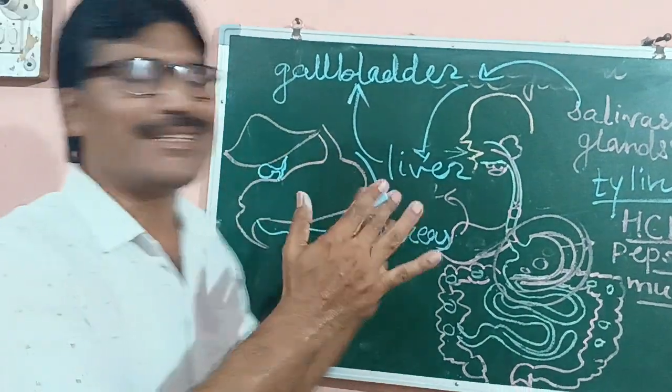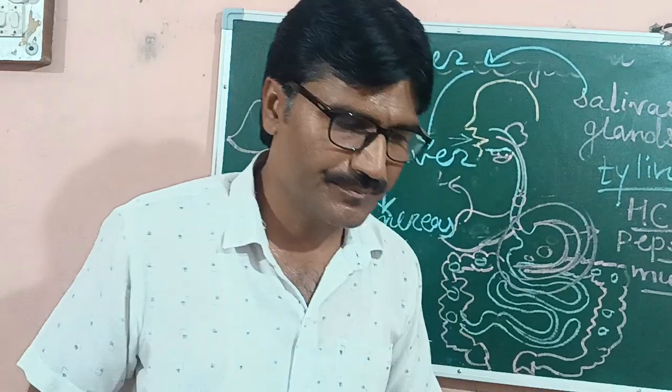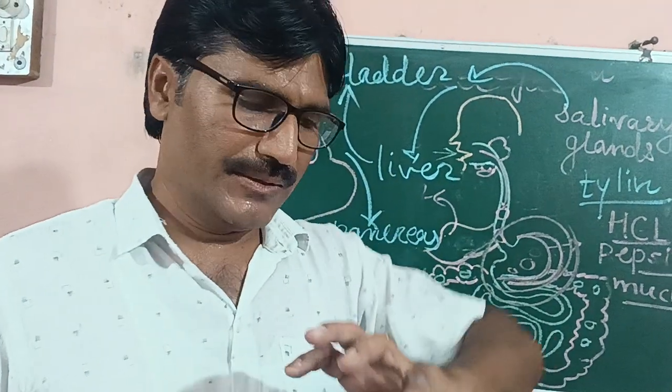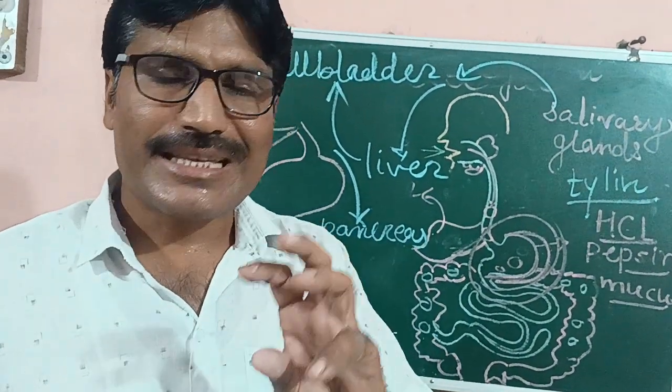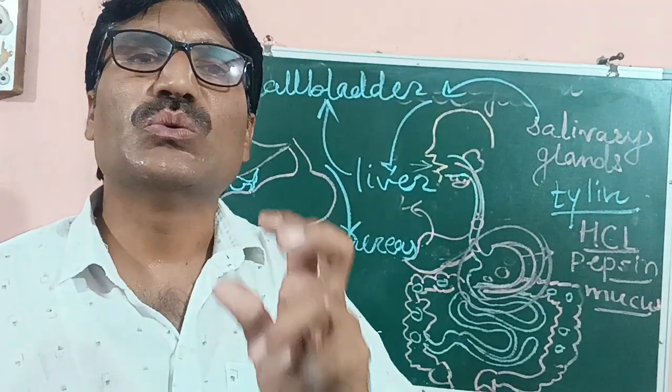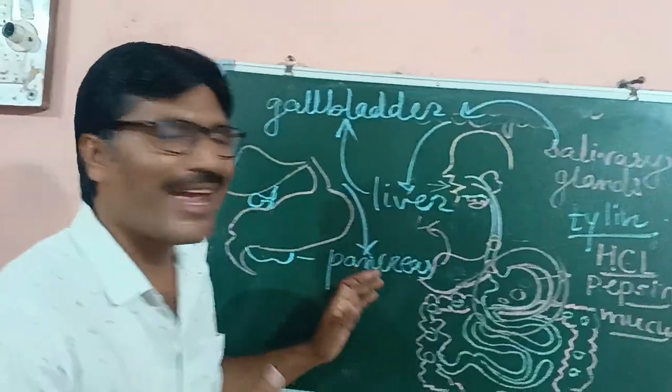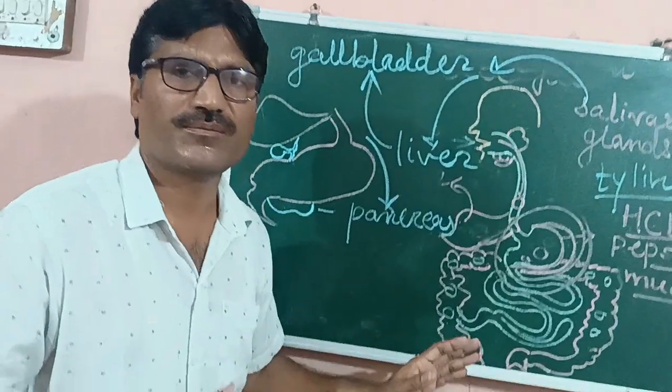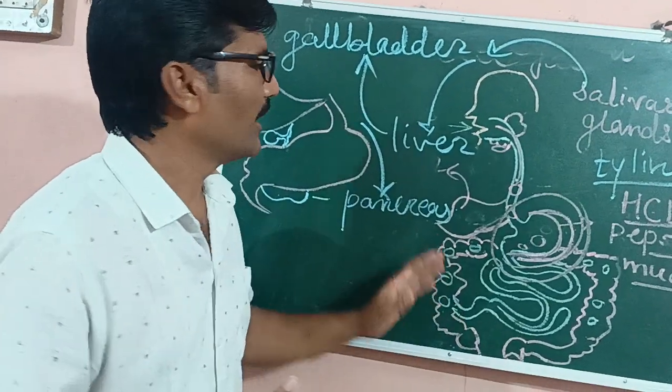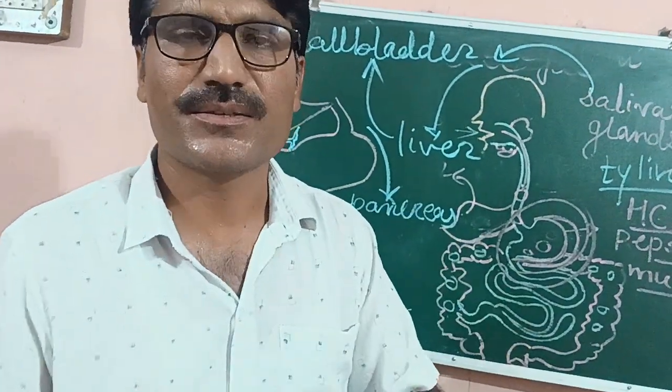All these glands provide the necessary secretory juices which help digestion, and they must be in balance.